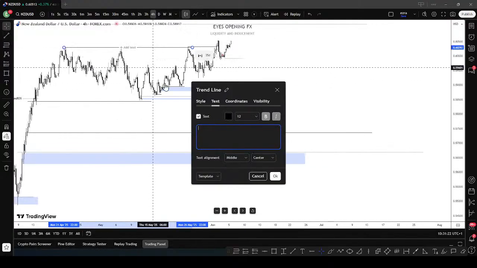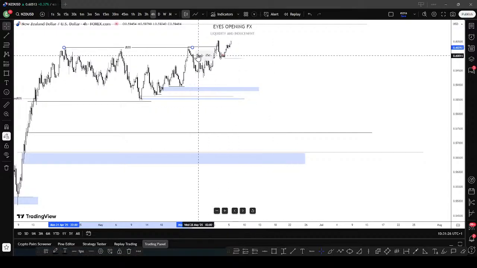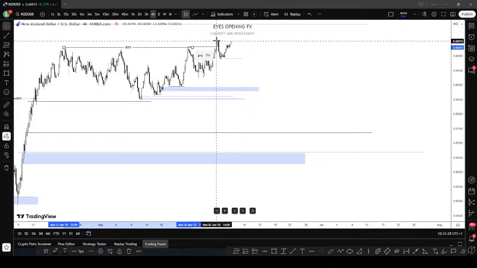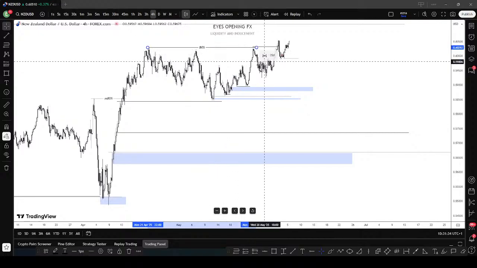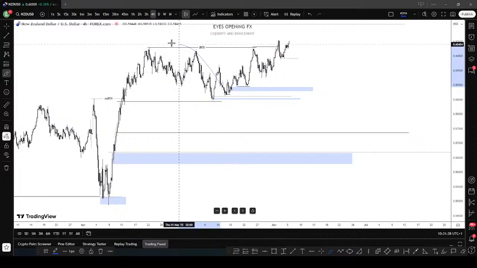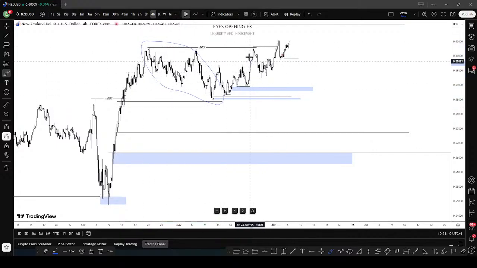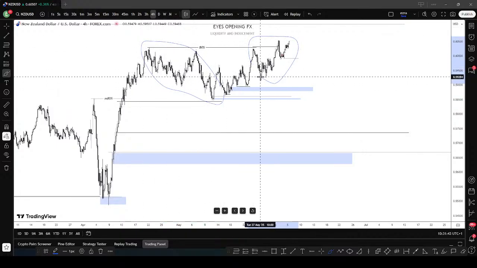This is our last major break of structure to the upside. Major structure range. This is a high, a low, a high, a low as a range structure. So if you are to mark out your major structure range, this is the major structure range. This you can call minor or range structure.